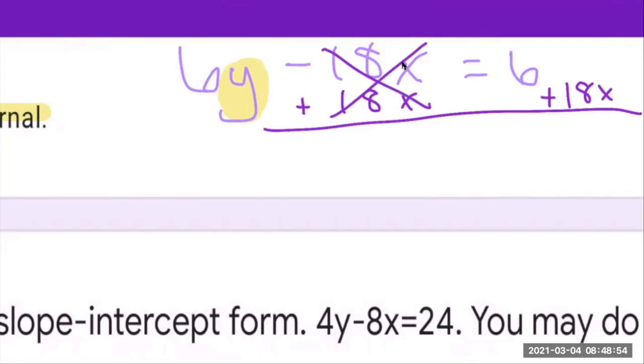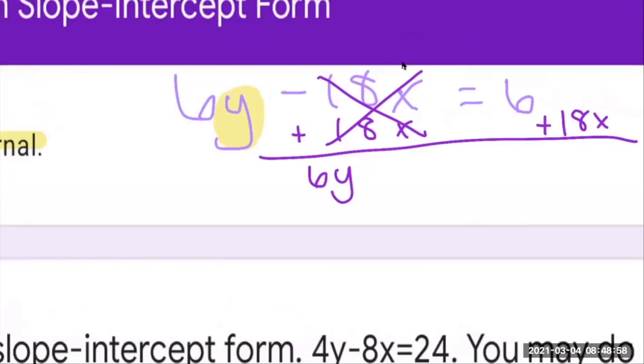This one goes away, which was the goal. And now I'm left with 6y on this side of the equal sign, and then I have 18x plus 6. I cannot combine those together to get 24x. If I do that, it's not correct because those are unlike terms.